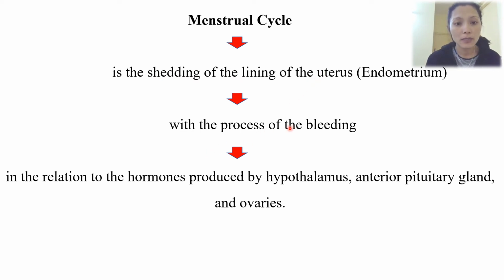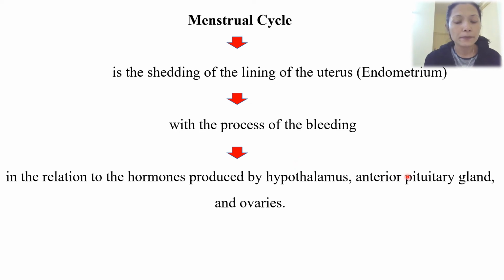We can see that the bleeding occurs in relation to the hormones. Some hormones are making the lining come down, or the shedding take place, which are produced from the hypothalamus, which is in the brain, and the anterior pituitary gland, again related to the hypothalamus, and the ovaries.